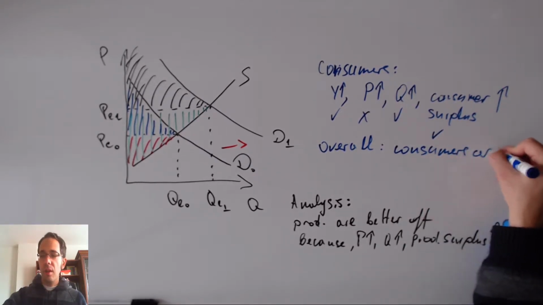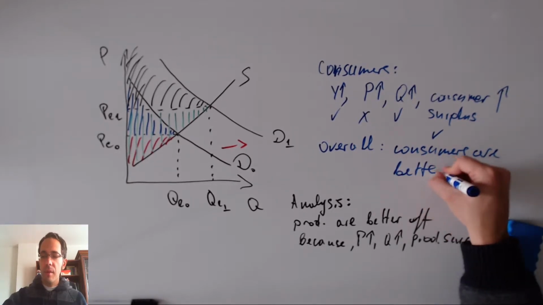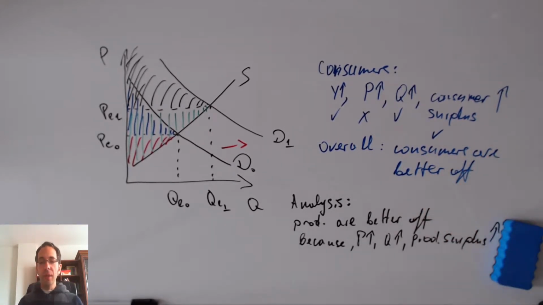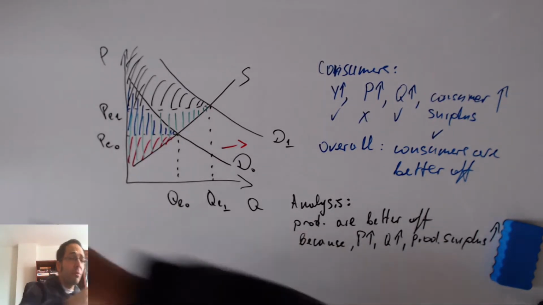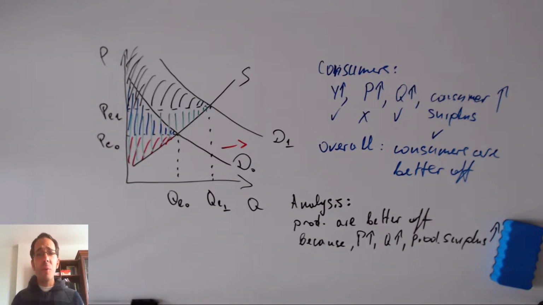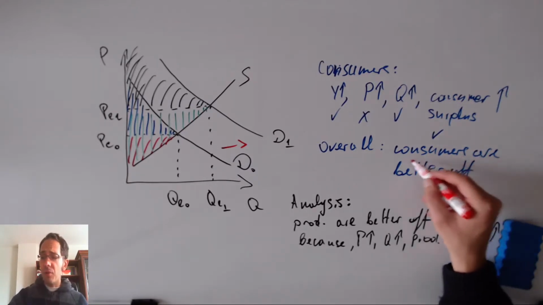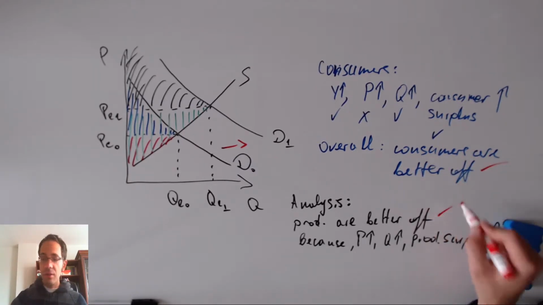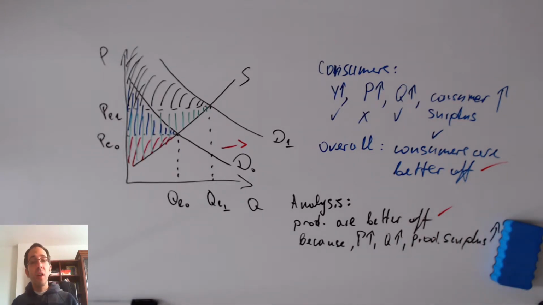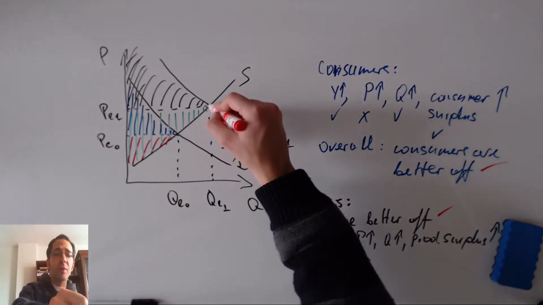Consumers are better off. So far we have discovered that the consumers are better off and the producers are better off, which is kind of a win-win scenario. They're both happy, these guys and those guys. Now, what will also be worth examining is whether at this point we are in equilibrium.